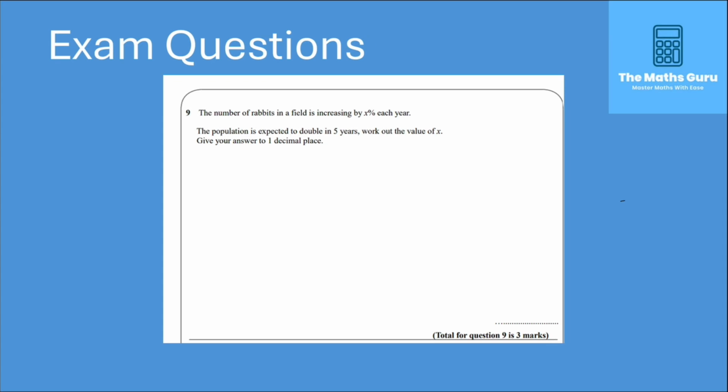So let's call our percentage multiplier P, to the power of 5. So our percentage multiplier to the power of 5 is going to double in 5 years, so double meaning 2.